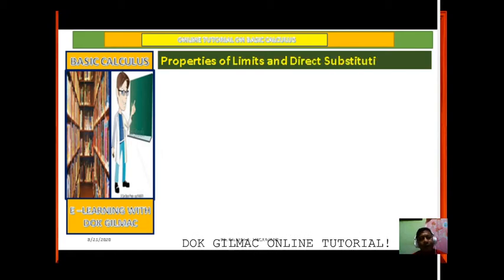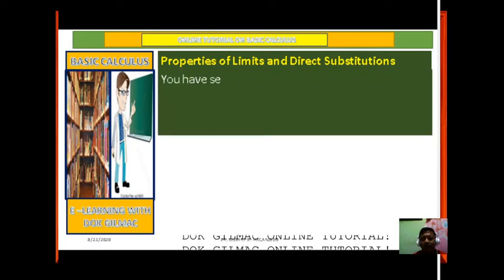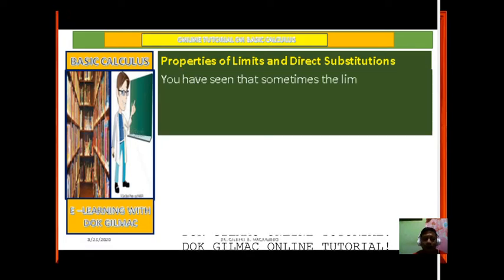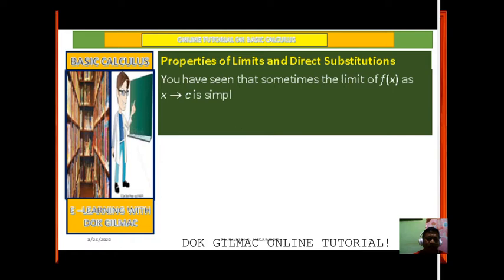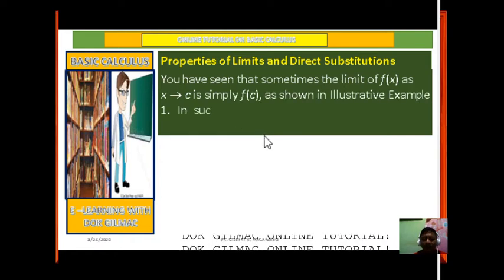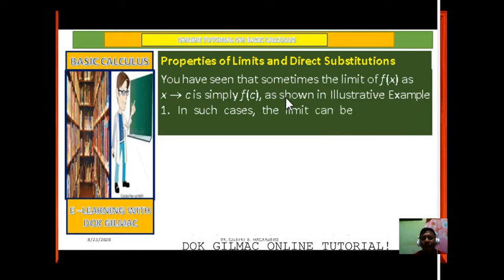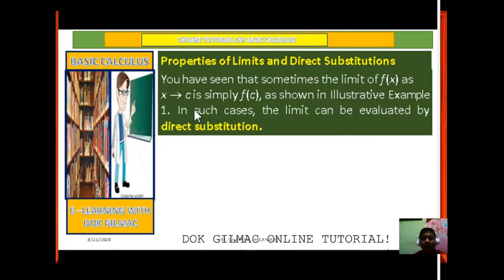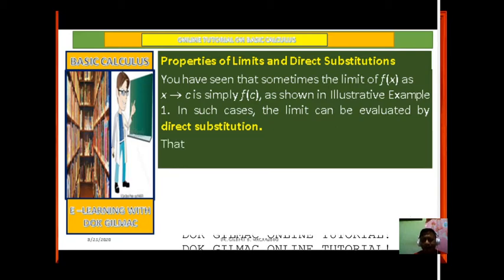Then we have the different properties of limits and direct substitution. You have seen that sometimes the limit of f of x as x approaches c is simply f of c, as shown in the illustrative example number 1. In such cases, the limit can be evaluated by what we call direct substitution.